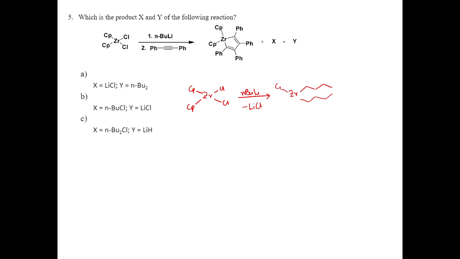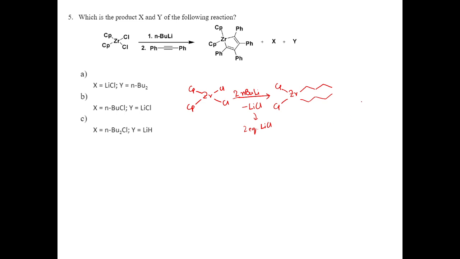And there is Cp and there is Cp. So you need two equivalents of n-BuLi, and two equivalents of LiCl will come out.